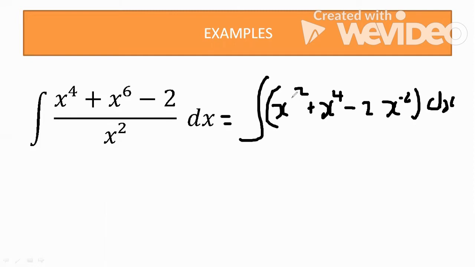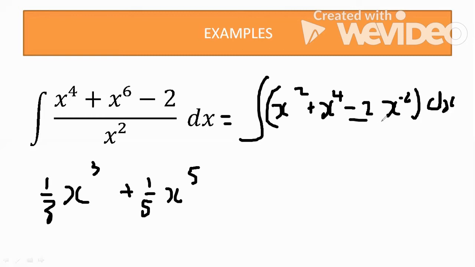If we integrate x squared, we get a third x to the 3rd power, and the other one is going to be 1/5 x to the 5th. For the other one, let us just take out this part and focus on x to the negative 2.